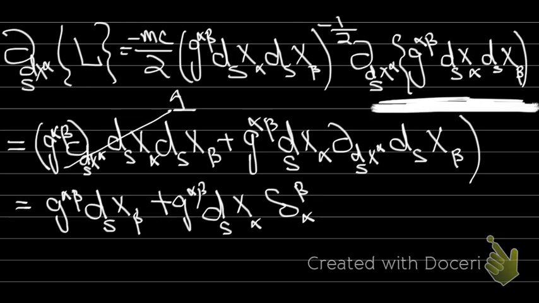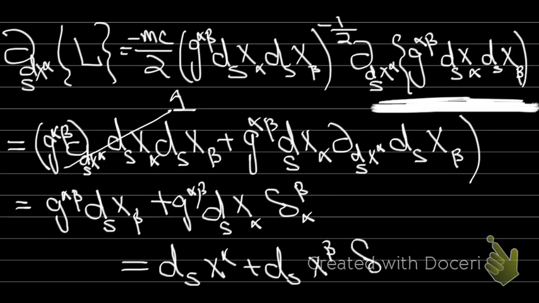So let's go ahead and get rid of this g alpha beta. So we would apply that, and what we would get is your derivative with respect to s of x alpha plus the derivative with respect to s of x beta times your delta function alpha beta. Right.